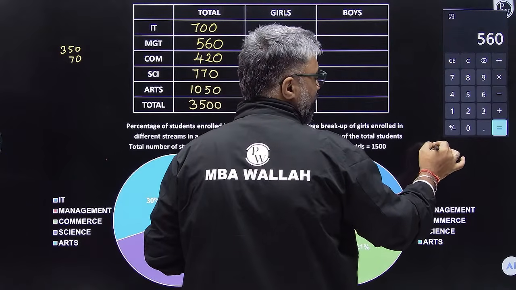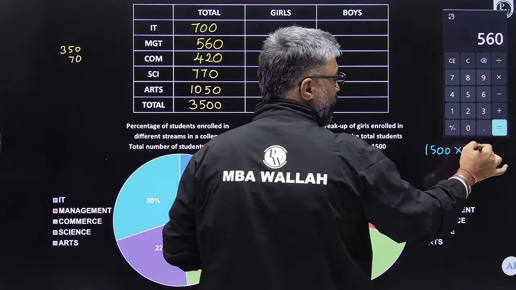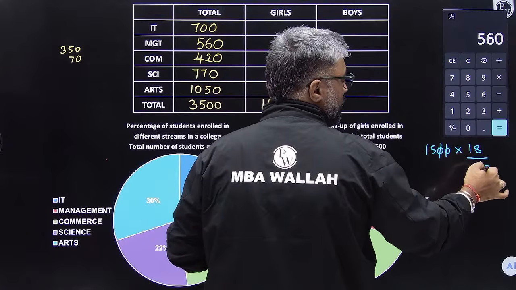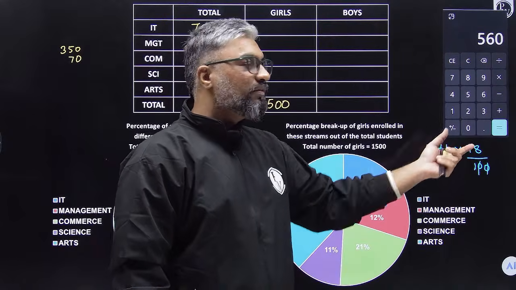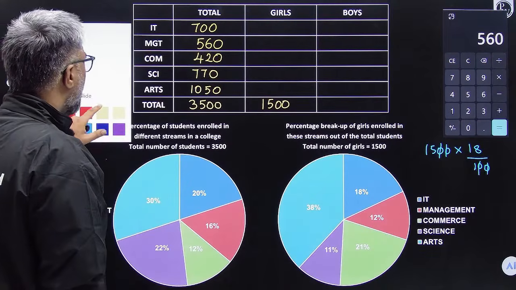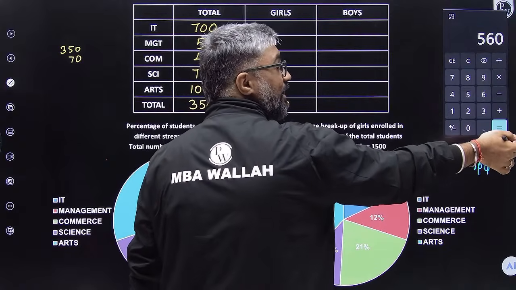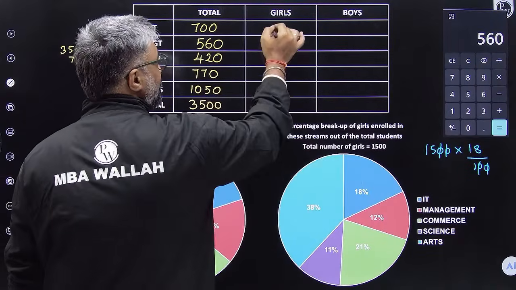Whenever I have 1500 times say 18%, I'll do 18 by 100, so these two zeros get cancelled out. All I have to do is multiply the number with 15 and I'll have my value. So what's 18 into 15? That's going to be 180 plus half of 180, which is 90, 270. That is our IT.